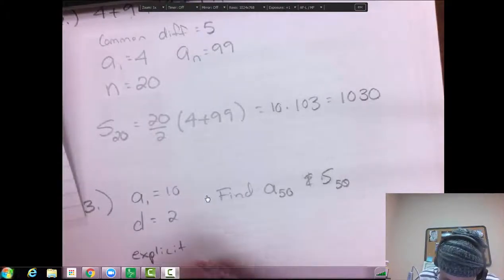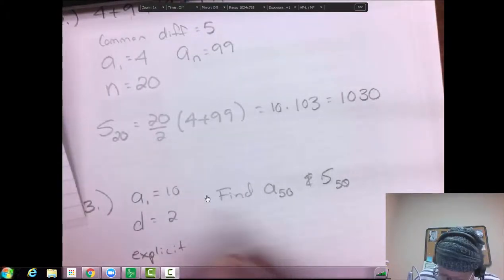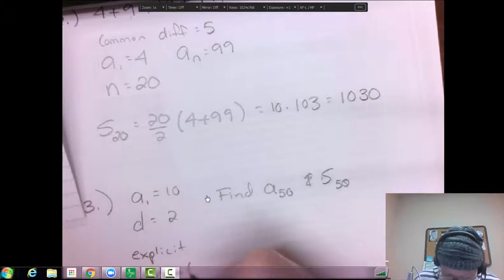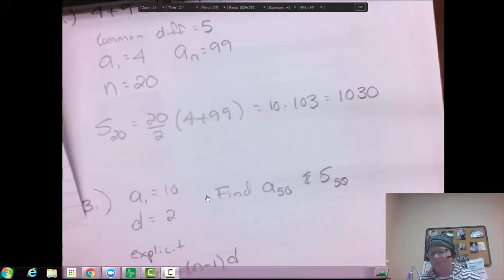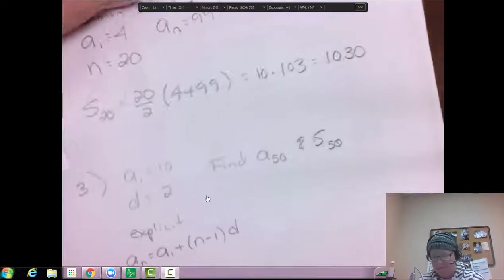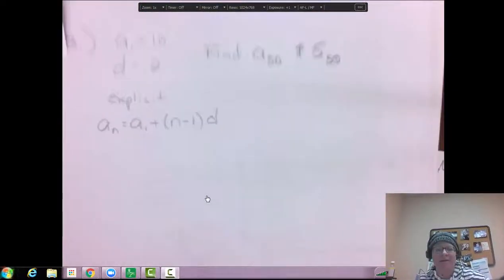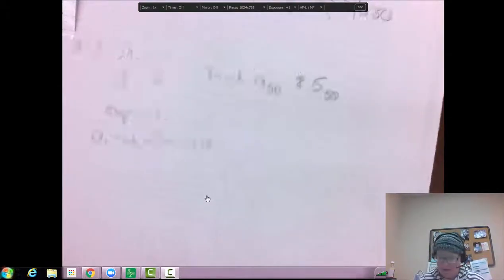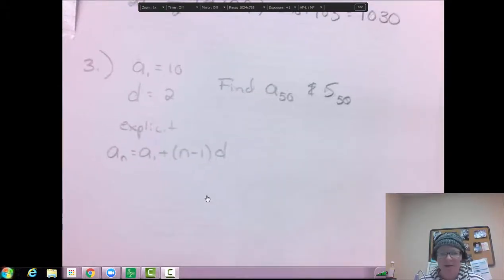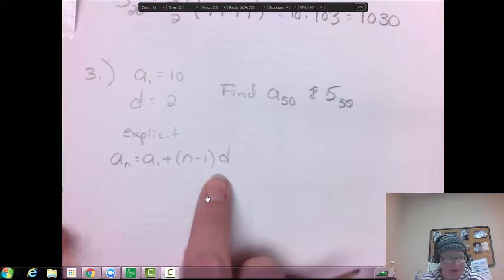The formula said a sub n is equal to a1 plus n minus 1 times d. Oh, it's hard when I get to the bottom of my paper. All right, maybe I'll just let that fall. Okay, so there we are. There's our formula that we learned in the last section.